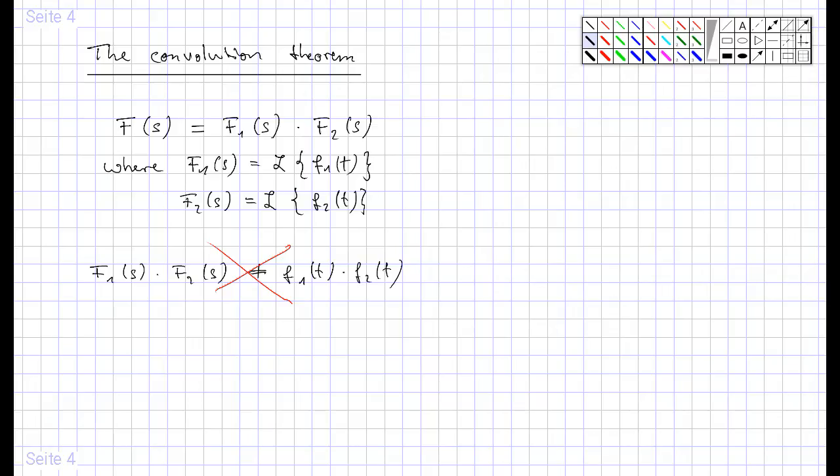This is on the first look not very intuitive, but so f of t equals the integral 0 to t f1 of u, where u is a constant, times f2 of t minus u du.